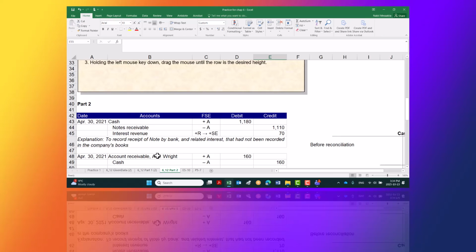The ending balance, I don't take the opening balance, the ending balance for the period, for example April 30, not April 1st. And this number, where does it come from? From the bank statement, again the ending balance.